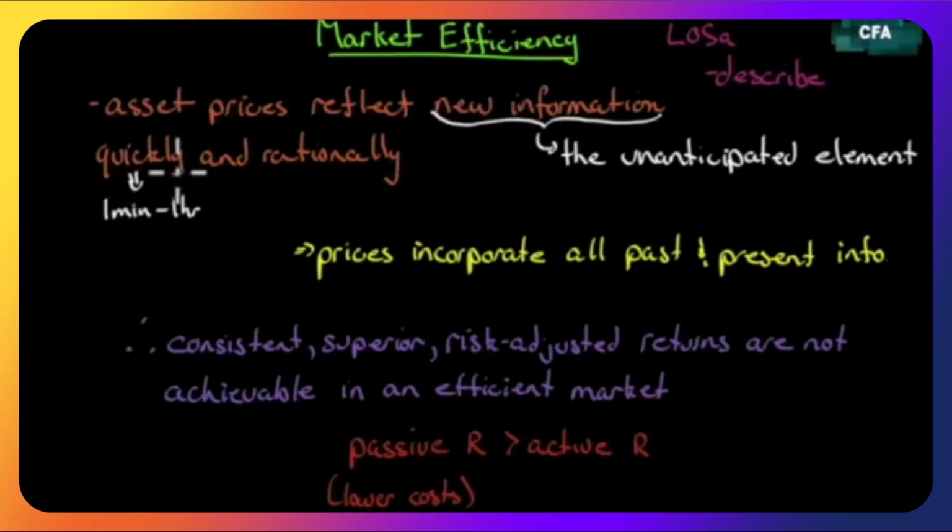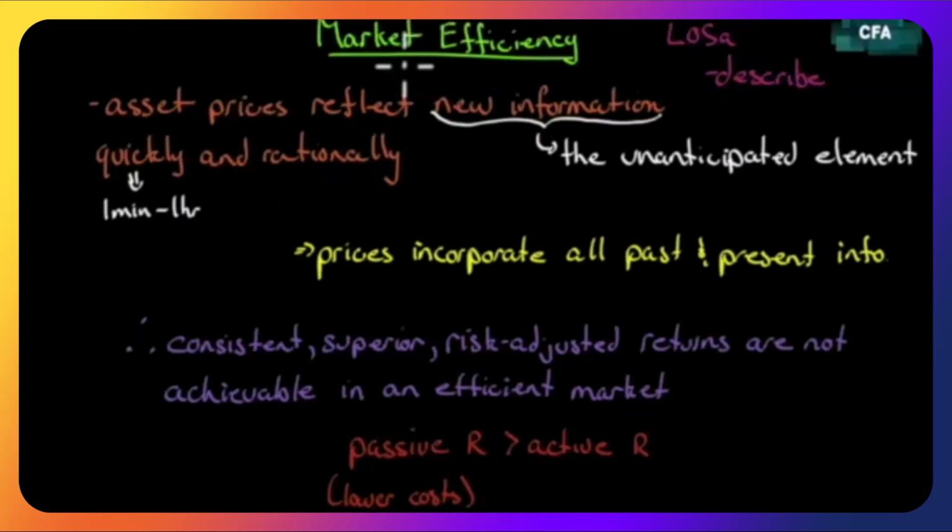Depending on the market. Currency markets, that happens fast. Equity markets, there's probably a lag. Anywhere from a minute to an hour is what we typically mean by quickly. Now, we'll see later on that there's persistence beyond the hour, and we'll talk about what causes that persistence, that serial correlation in returns. But let's just keep this right now. Asset prices reflect new information quickly and rationally.